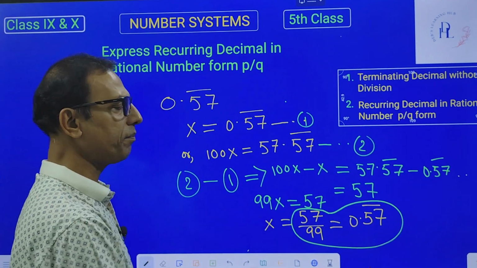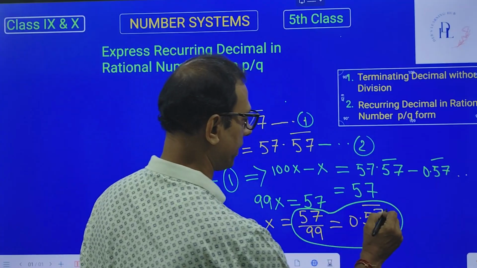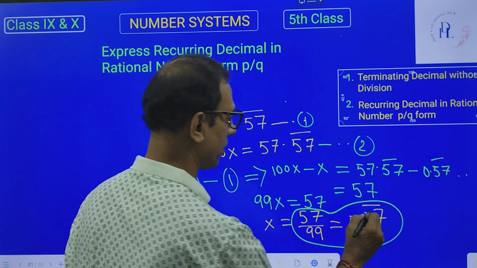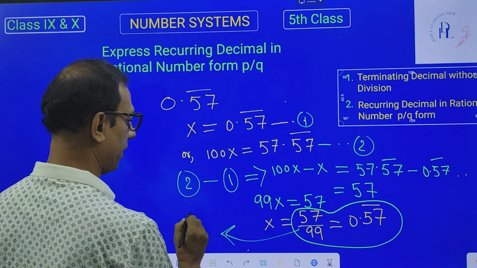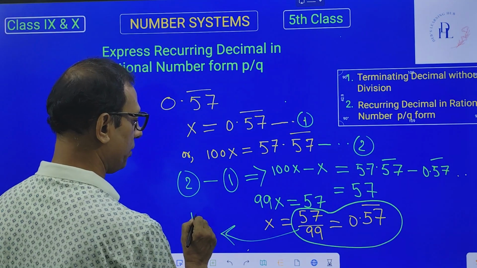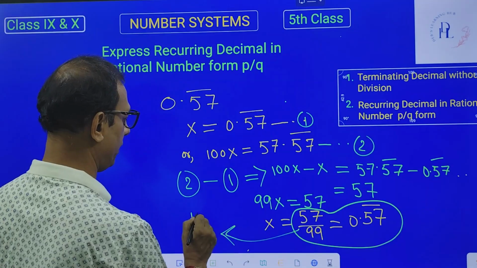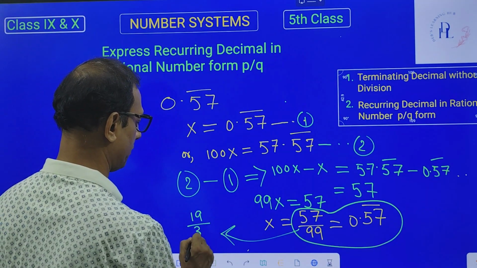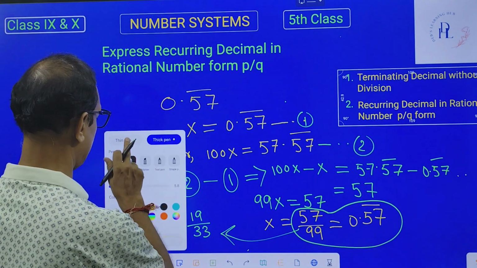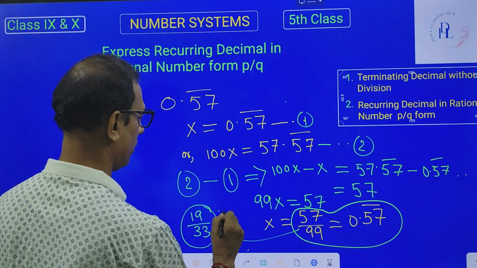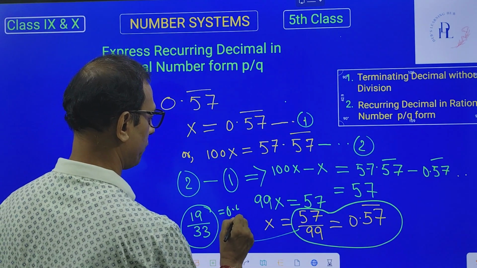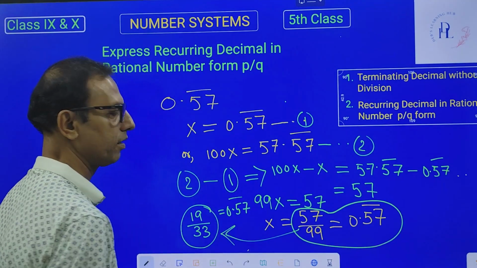Now 57 by 99, because this is not a least fraction, you should break it further. If you divide both numerator and denominator by 3, this is 19 by 33. Actually this is your answer, 19 by 33, that is equals to 0.57 recurring.